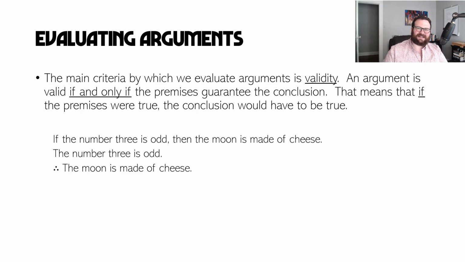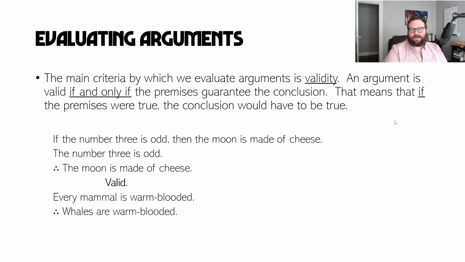That's something that's obviously not true, right? But that doesn't matter. In premise 2, we see that there's an affirmation that yes, 3 is odd, and therefore the condition we set up in premise 1 is going to end up producing this conclusion, the moon is made of cheese. So this is a valid argument, even though it's weird.